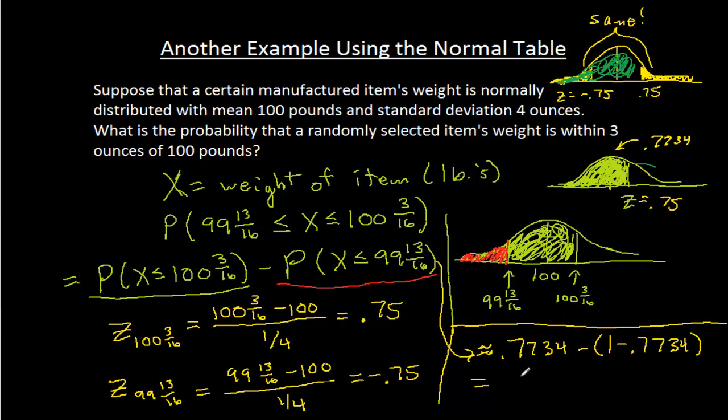Okay, so that gives us 0.7734 minus 0.2266. And what do we get there? Let me grab my calculator. 0.7734 minus 0.2266. We get 0.5468.